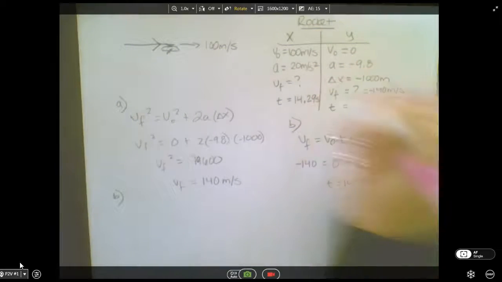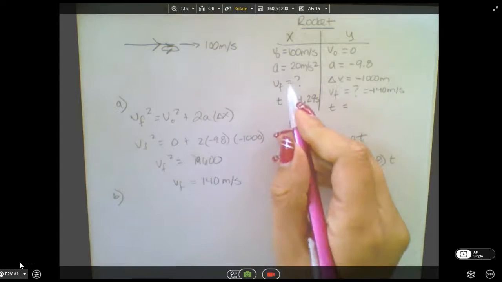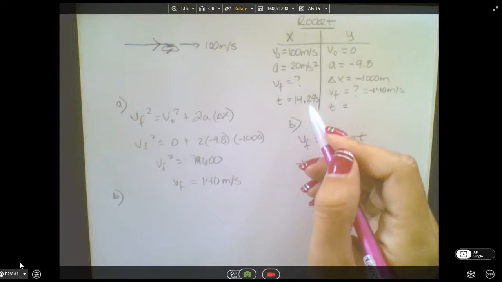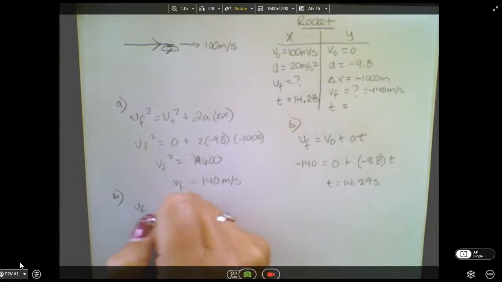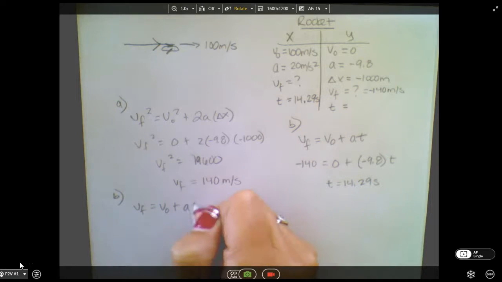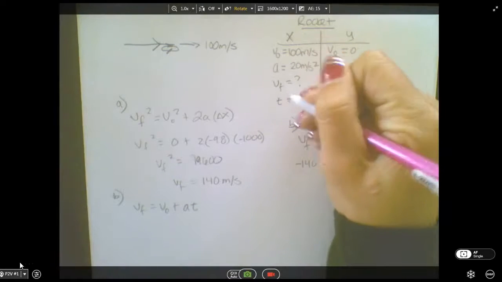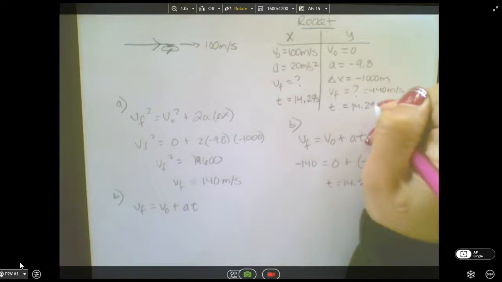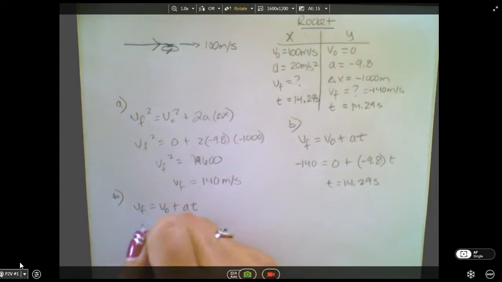And now since we have time, we can find the final velocity in the x direction using, let's see, we don't have delta x. So we have to use that first equation again. So VF equals V naught plus AT. Now I'm using all this stuff in the x. Remember, I can't mix except for the time. So VF is what we're looking for.